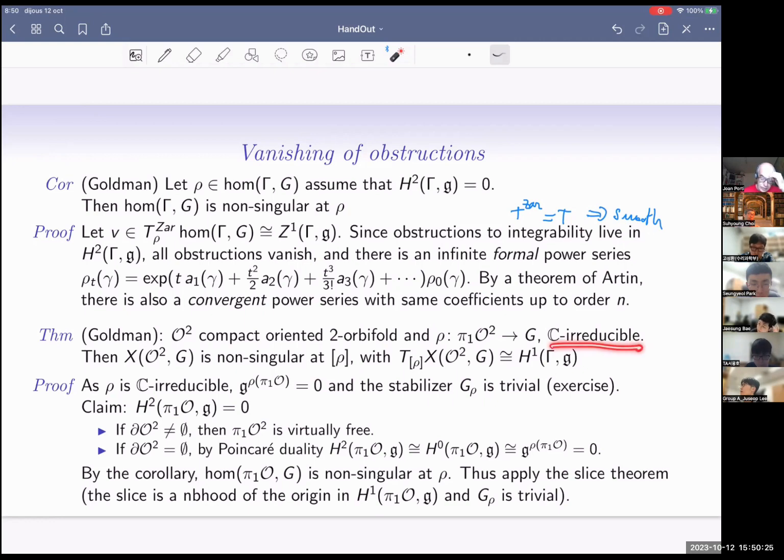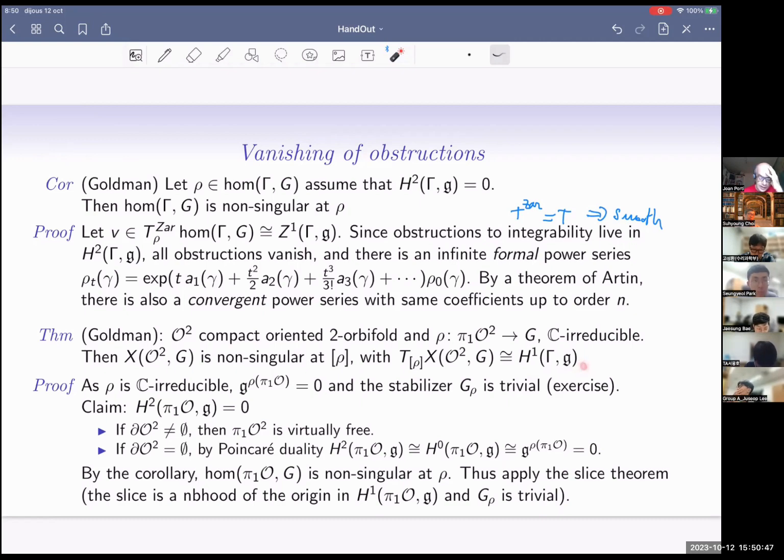That's very strong. And what Goldman proved in the 85 paper is that this is not singular, not only the variety of representations, but the variety of characters. And that the tangent space is, in addition, analytic, and it's the first cohomology. But we need all this theory.